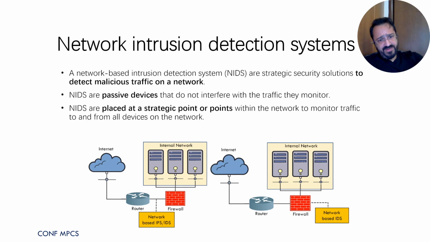You can either put it after the router, or after the firewall in the switch, where you enable what we call a span port, which mirrors all the network traffic to the IDS, so you can see what is going on in your network.